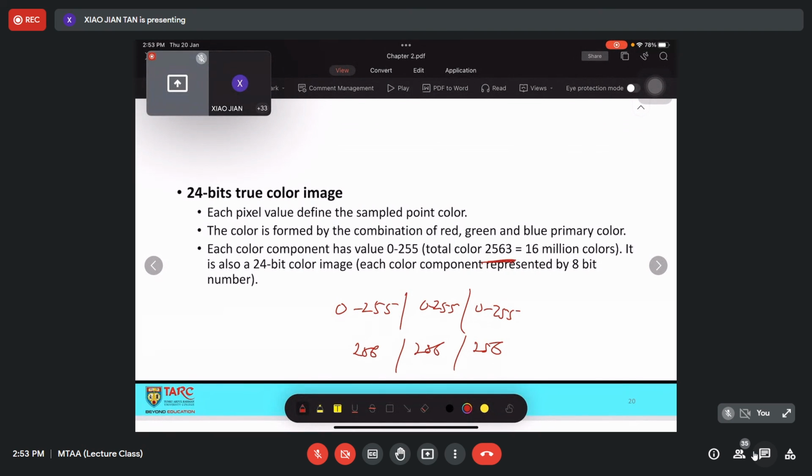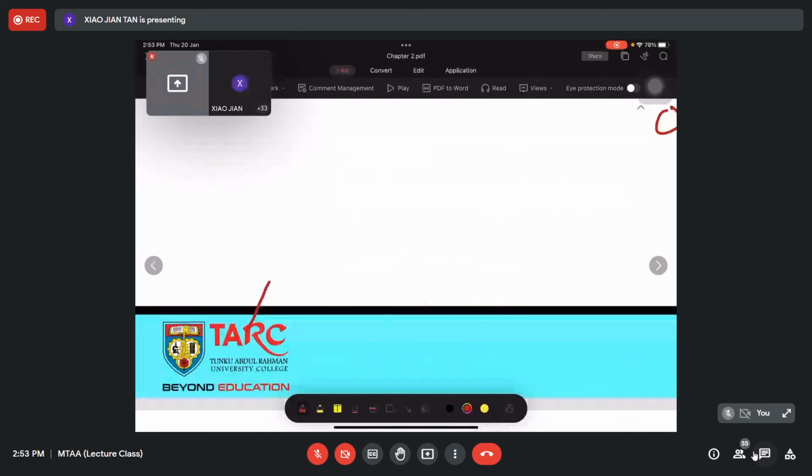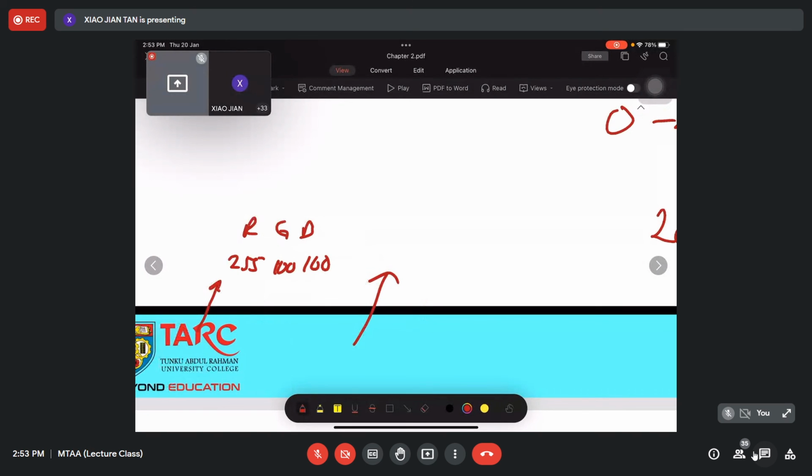Any color depends on the values. For example, for a red color, maybe you have R, G, and B where the R value is very high and the others are very low. It cannot be too low, because if everything is very low, it would be a very, very dark red color, maybe 100, something like that. Let's say you have a forest green, maybe you have around 100 for the blue.